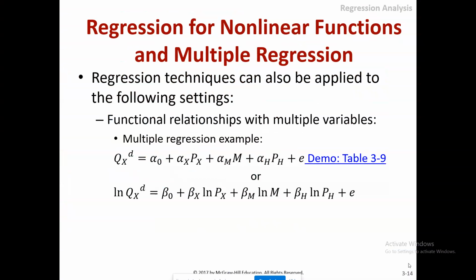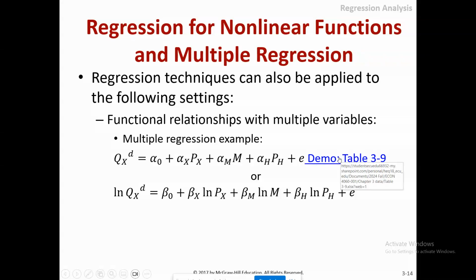Now, generally speaking, we have more than one independent variable. As we said, the quantity demanded for product X is not only influenced by the price of X, it's influenced by multiple variables. So we have multiple independent variables on the right-hand side, and this regression is called multiple regression.